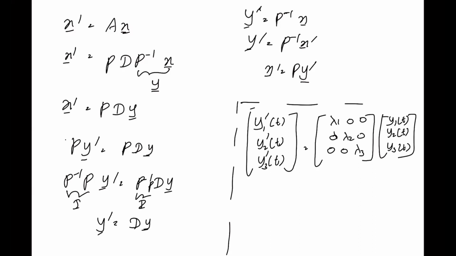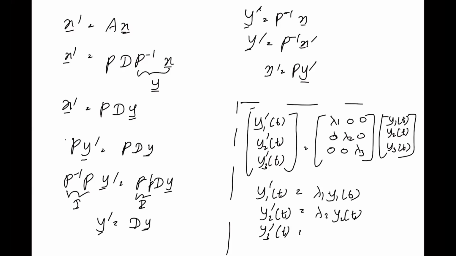In simple terms, you can write Y1 dash T equals lambda 1 Y1T, and Y2 dash T equals lambda 2 Y2T, and Y3 dash T equals lambda 3 Y3T.